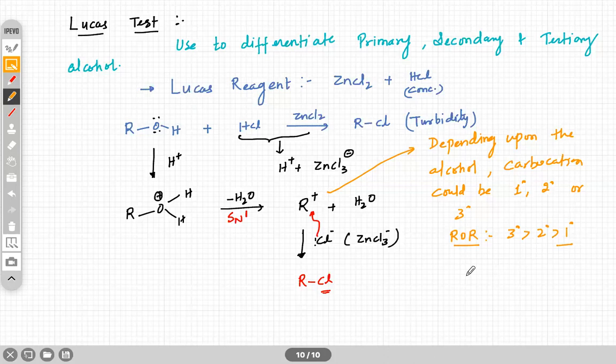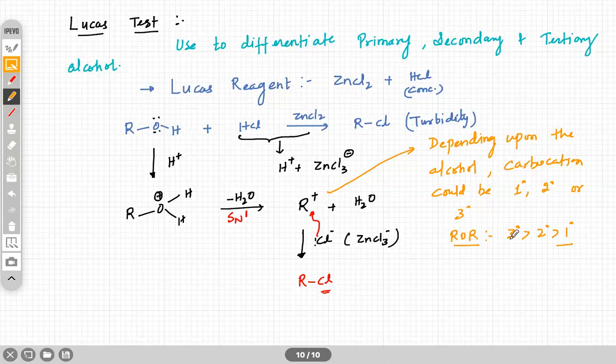So this turbidity that appears, that white turbidity or cloudiness, if it appears very quickly, like within seconds, it means the rate of the reaction is very fast. And that possibly gives tertiary alcohol.